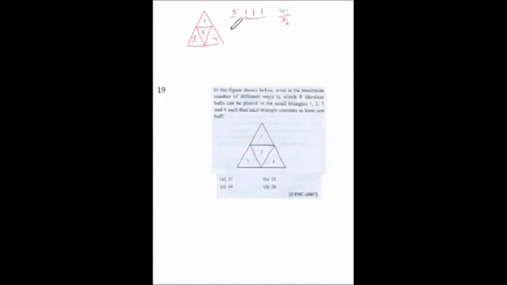Then we reduce one ball here, 4, and increase one ball here, 4, 2, 1, 1. Then this is factorial 4 upon factorial 2. This comes in one class. So this is basically 4 into 3 into factorial 2. So this cancels out, 12.